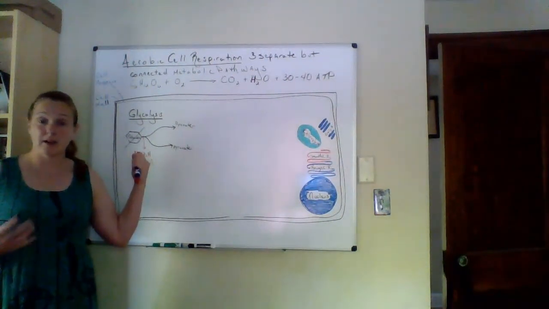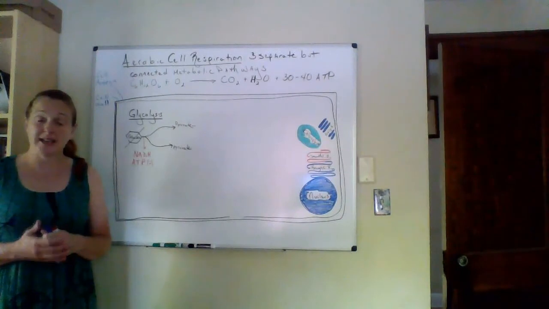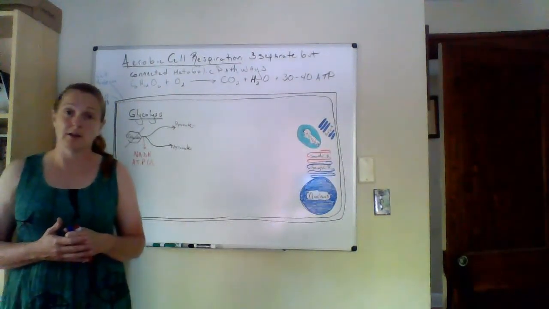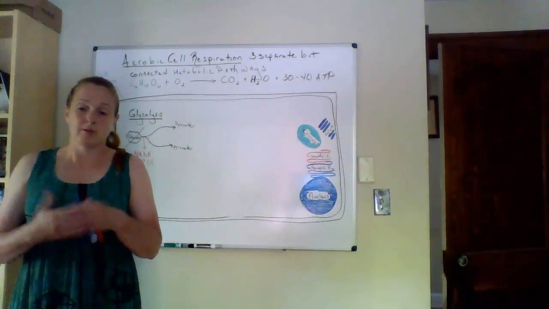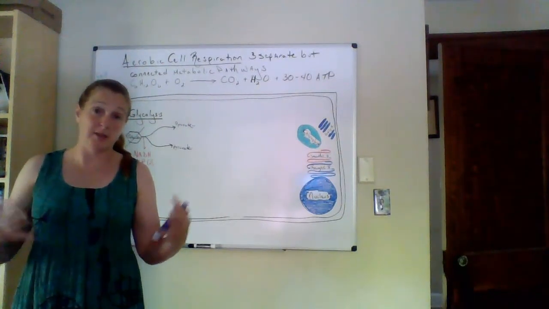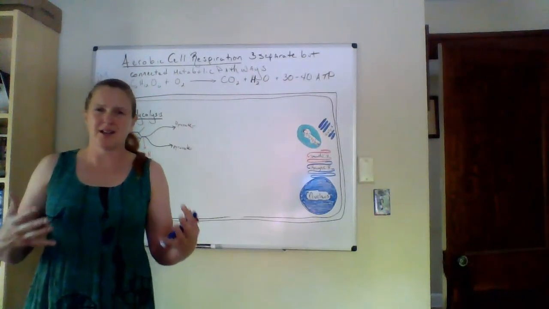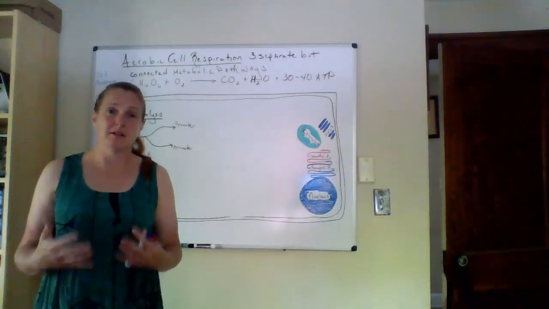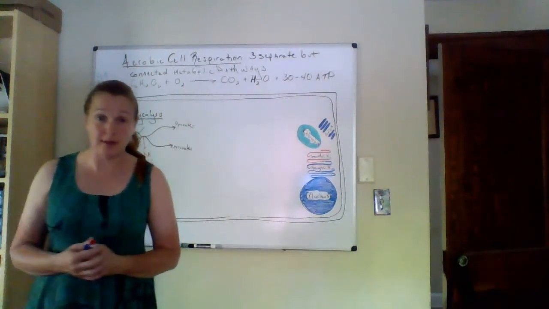Our cells in our kidney, our heart, our liver, they'll flip over and do fermentation, but they can't survive for very long. We get enough of those cells that die because they don't have enough ATP, then we see a tissue death. We get enough tissue death, the whole organ is damaged or potentially goes through catastrophic failure. And so keep this in mind. We've got a backup system, but this backup system doesn't last for very long.